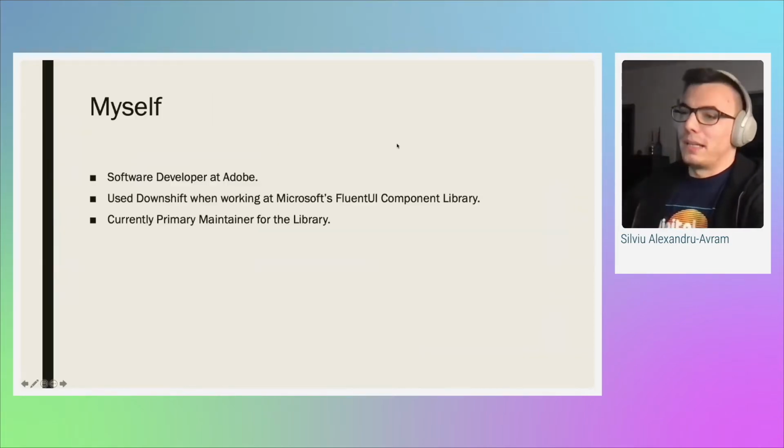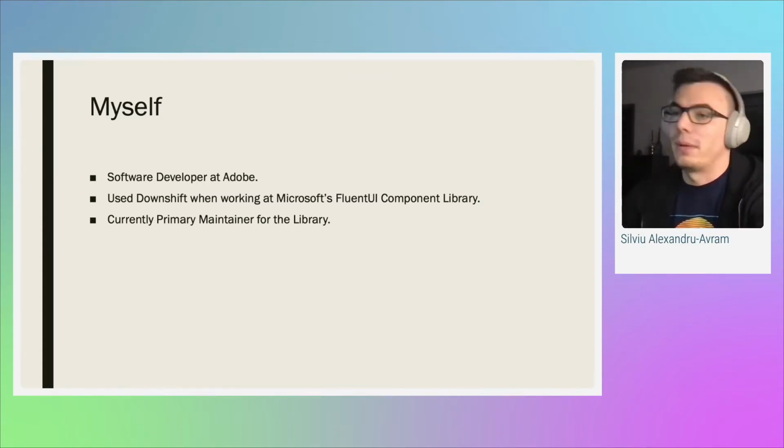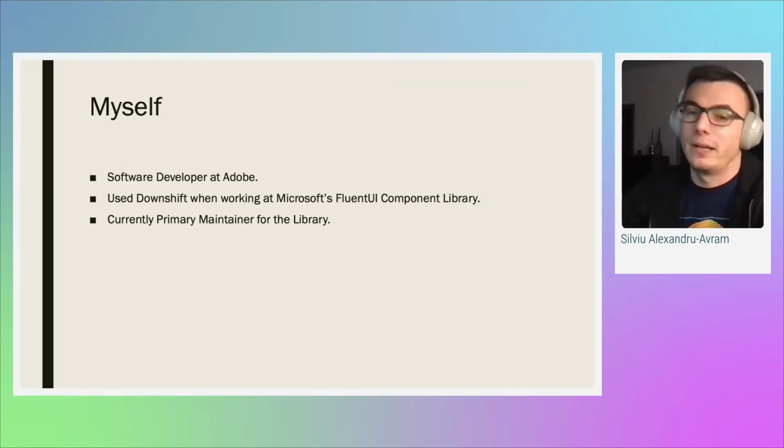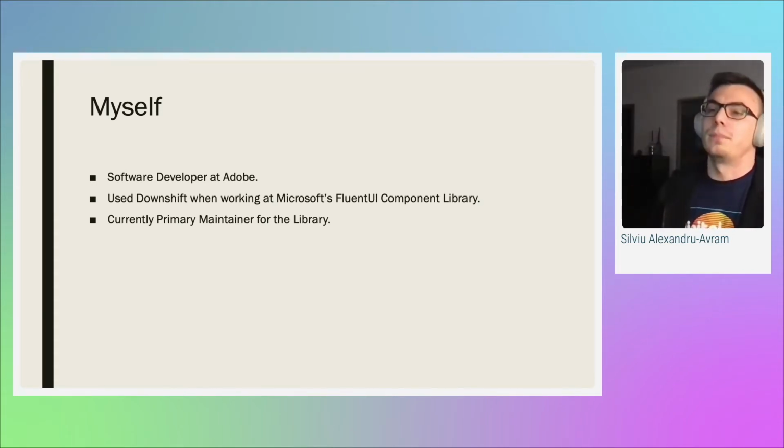So a little bit about myself. I'm a software developer at Adobe, and I started to use Downshift when I was working at Microsoft's Fluent UI component library, to be more specific. For Microsoft Teams, we had to build what we called a people picker, where you could just pick people in order to start a chat with.